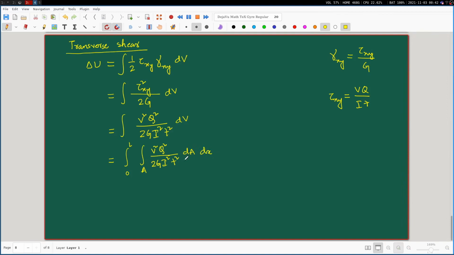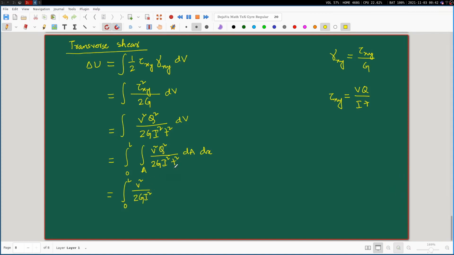Now see, over the entire cross section, this V is a constant, twice G is a constant, I squared is a constant. So I'll take this out of this area integration. We'll be left with V squared by twice G I squared.